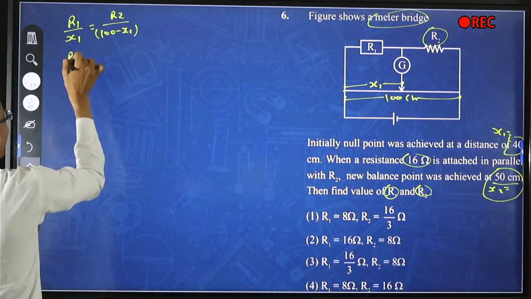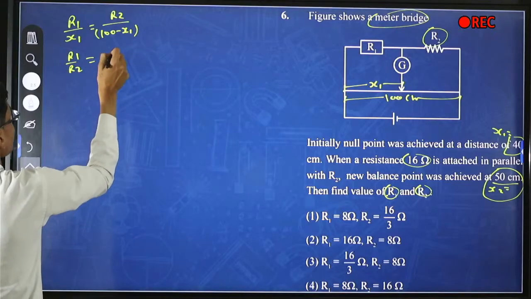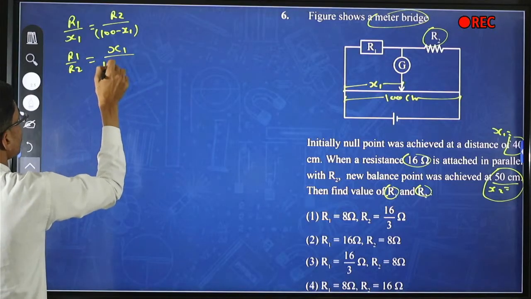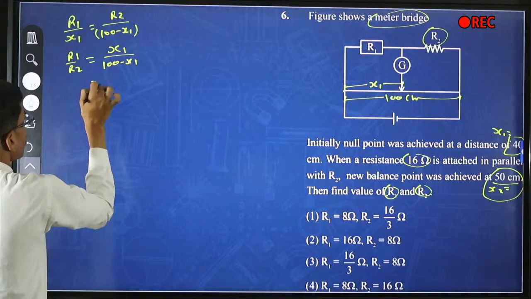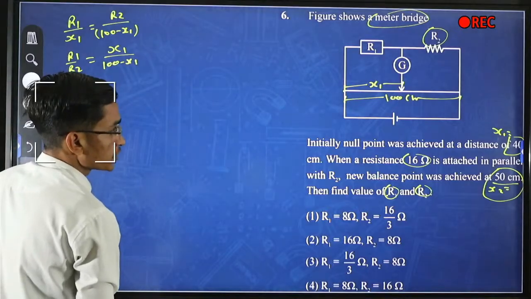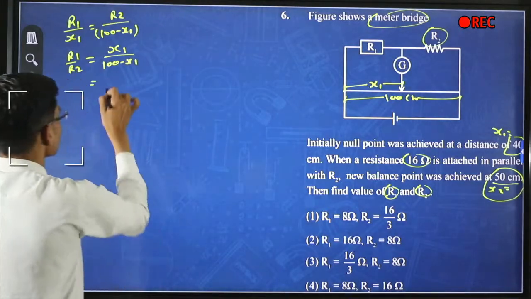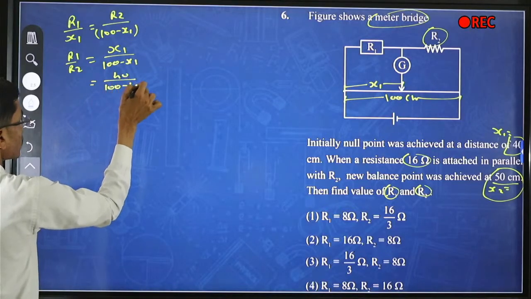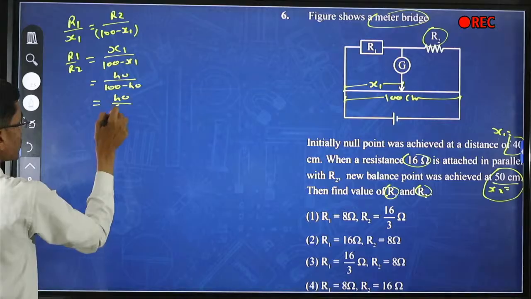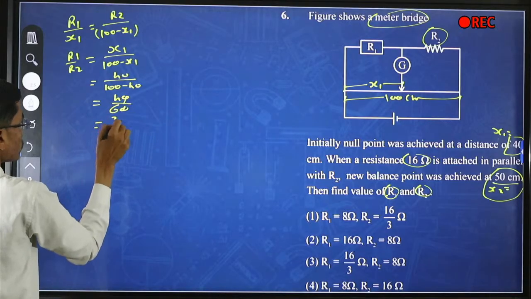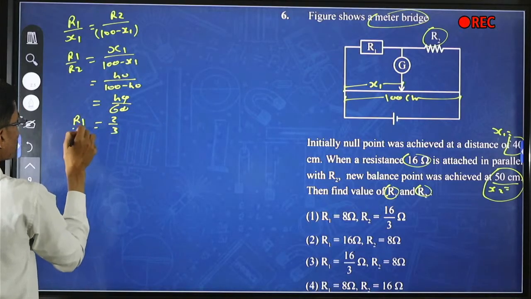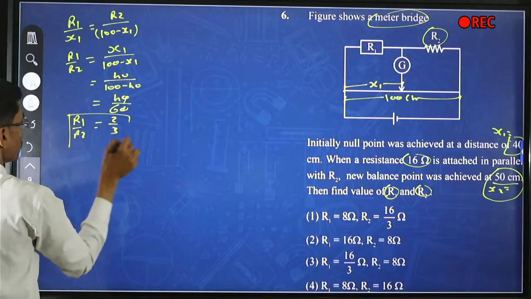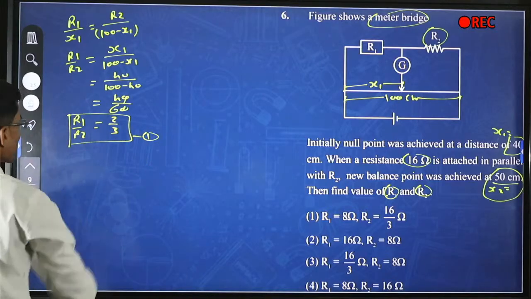So R1 by R2 is equal to x1 upon 100 minus x1. The value of x1 in the first case is given as 40 upon 100 minus 40, so 40 by 60. So 2 by 3 is R1 by R2. Let us call this equation 1.